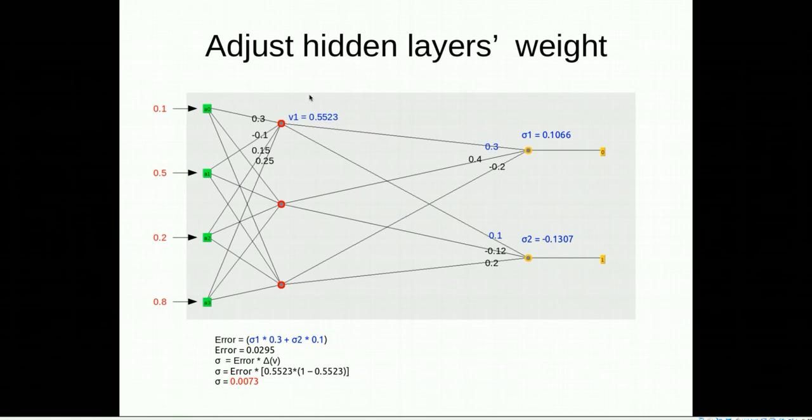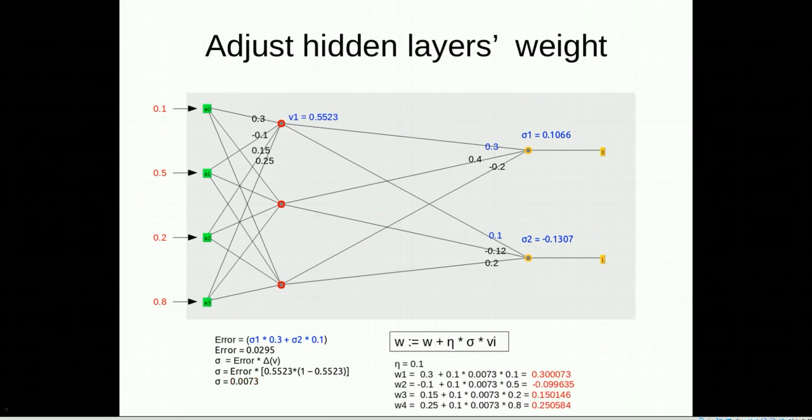For this neuron, we can estimate the error: sum up the product of sigma 1 and this weight with sigma 2 and this weight, and then obtain sigma for the neuron. Once we have the value of sigma, we can adjust the new values for the neuron weights as before.